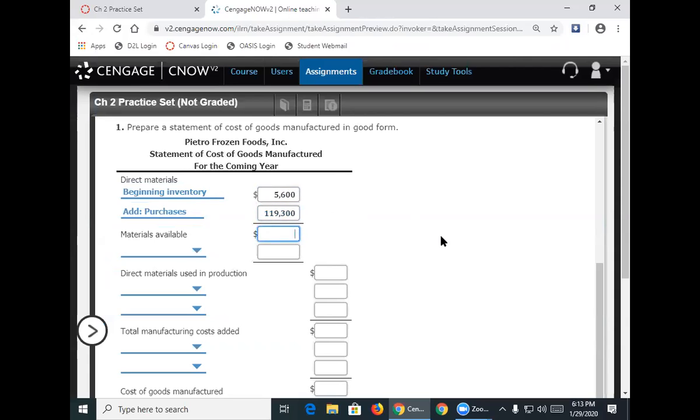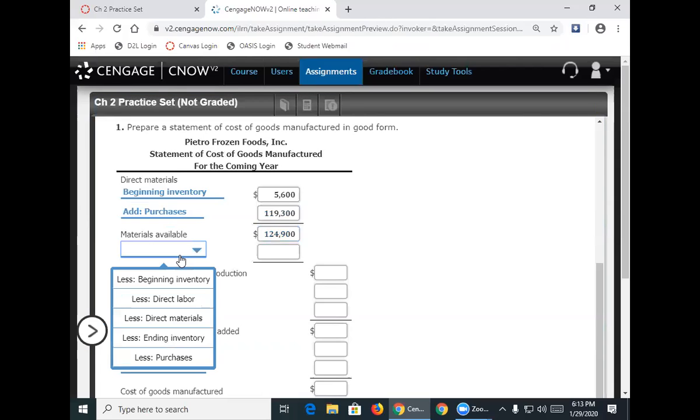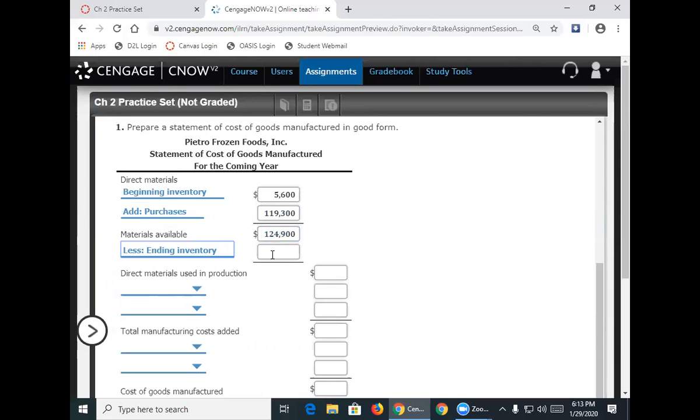We added those two up to give us total materials available, 124,900. And then we subtracted out our ending inventory. I like to show the minus. It won't count it wrong if you don't put the negative in, but it helps me visually. So we subtracted out our ending inventory, so direct materials used in production, 120,000.